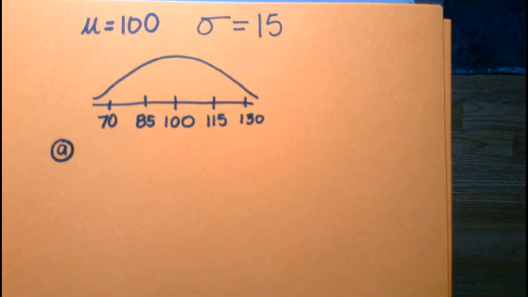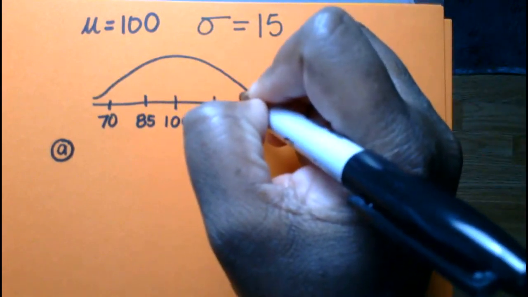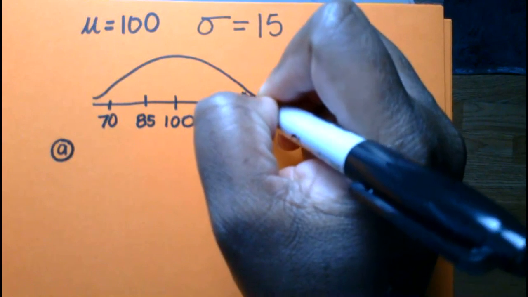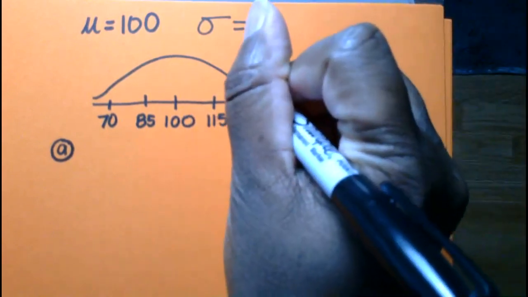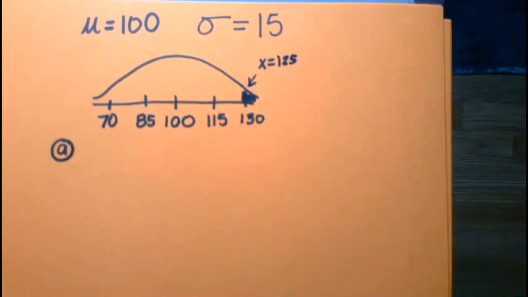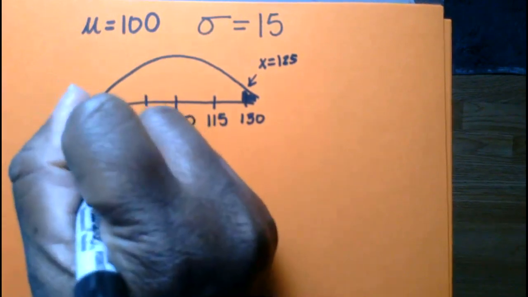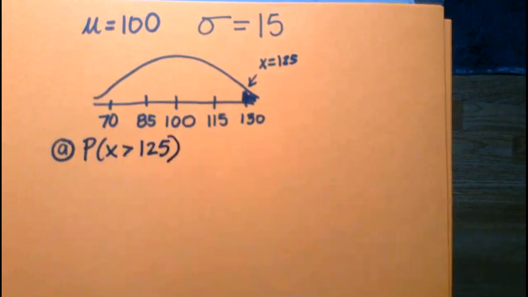Let me flip back over real quick. Higher than 125. So 125 is probably about right here. That's higher than 125. So we're all setting it up the same way. And then you're going to click on your bookmark to whichever way you're going to work this out.